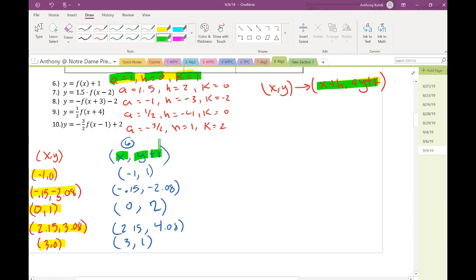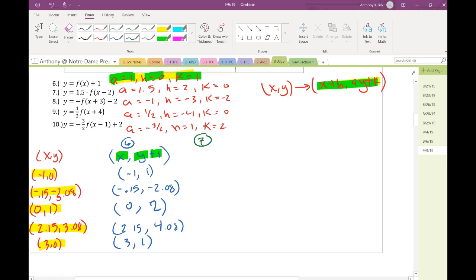Is that okay? So all I would have to do now is plot these 5 new points and draw my graph. Is it okay to omit plotting the points and drawing the graph? Do you guys feel comfortable plotting points and drawing? Okay, then let's move on and do 7.